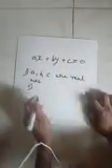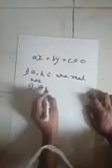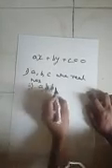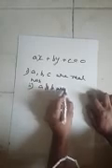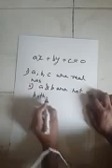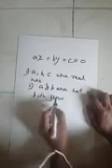Actually, a and b both cannot be 0. A and b are not both 0. This means both cannot be 0 at the same time.